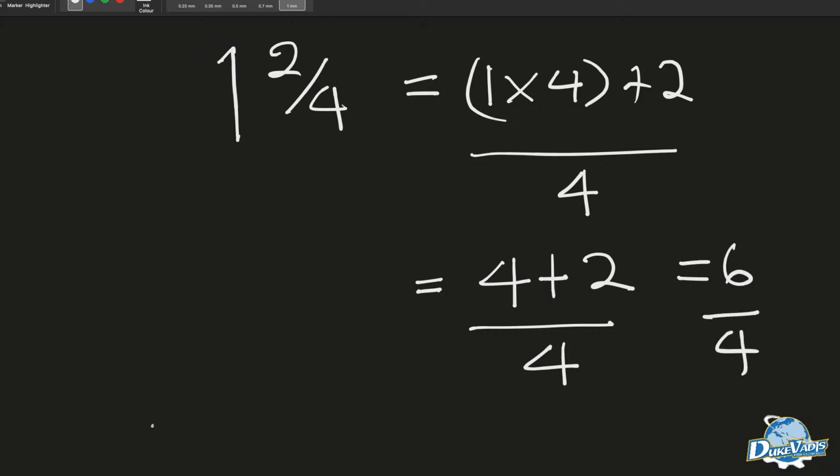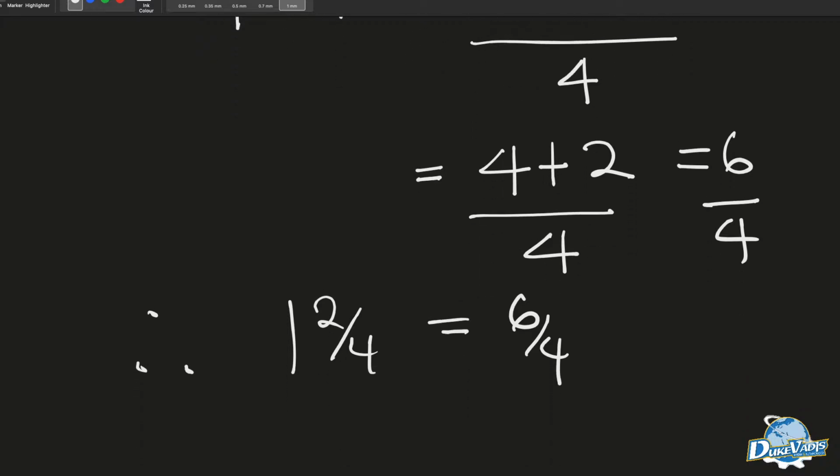So therefore, our conversion of 1 whole number 2 over 4 is the same as 6 over 4. So as you can see, now we have been able to convert one whole number, 2 over 4, into a common fraction. Let's do one more example.